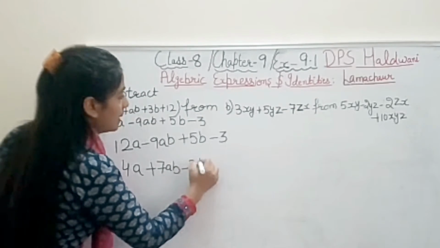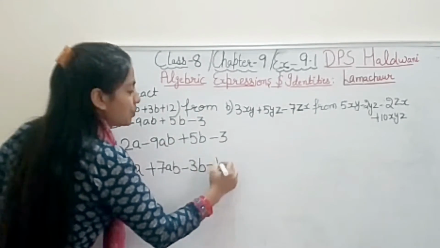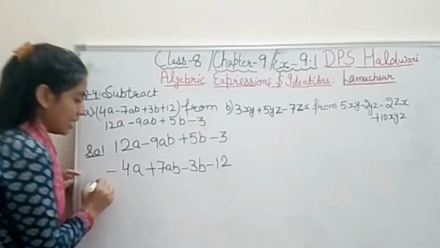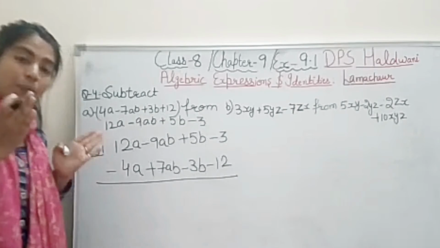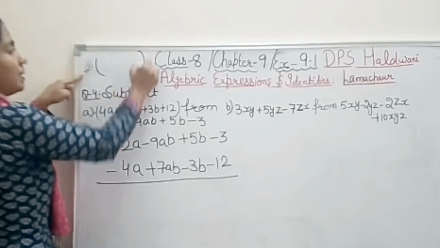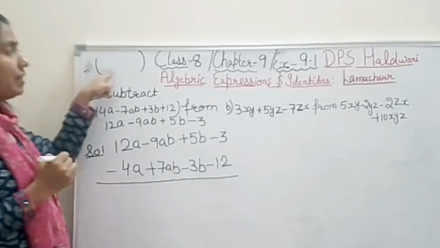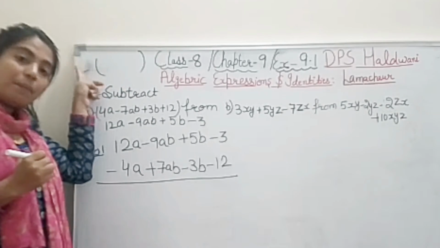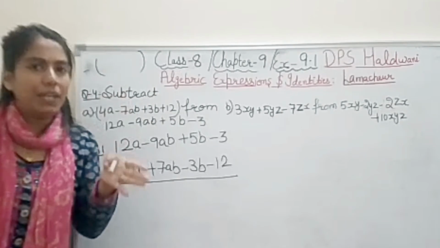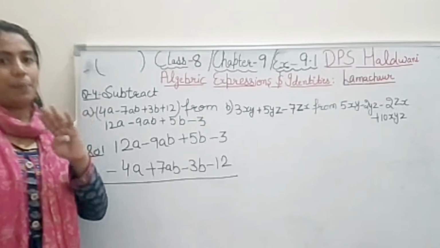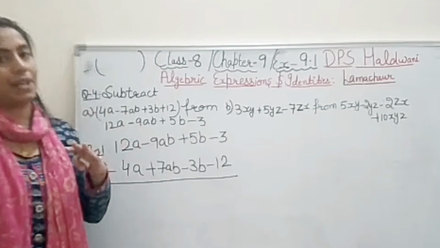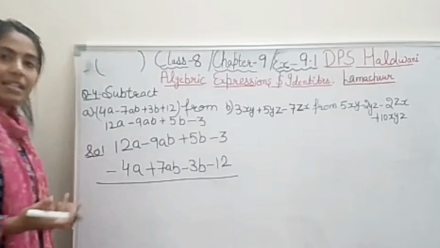So it will be minus b and minus 12. Right student? Got how I have changed the sign? Because this is a rule. Whenever there is subtraction outside the bracket, the sign will change, because this will multiply with all the terms. So simply understand, whenever there is subtraction outside, sign will change. Plus into minus, minus into plus. That's it.